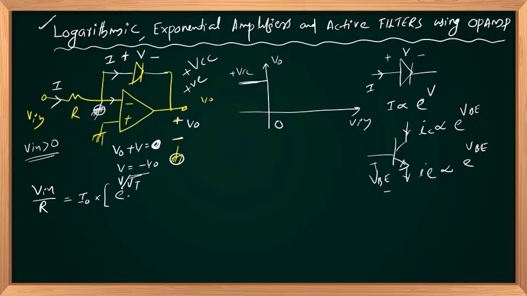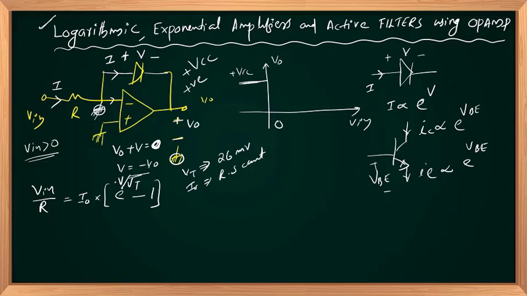V is the forward voltage. Vt is called the volt equivalent of temperature. Its value at room temperature is 26 millivolts. I naught is the reverse saturation current.